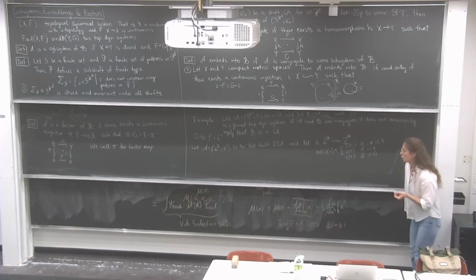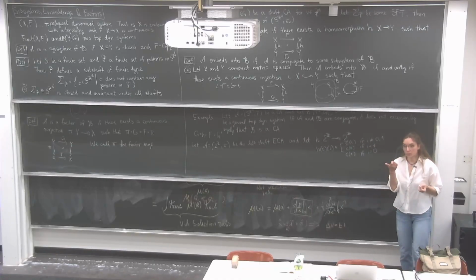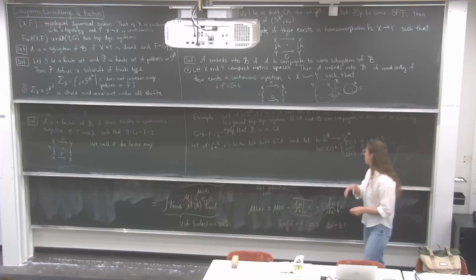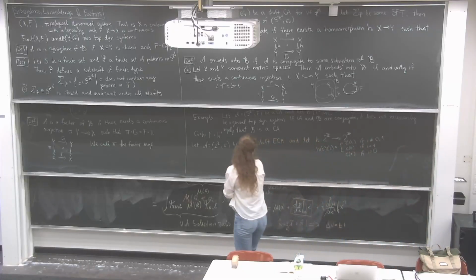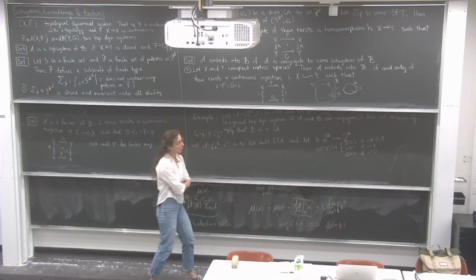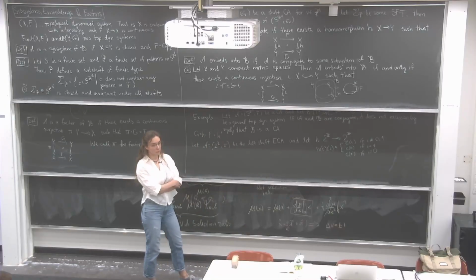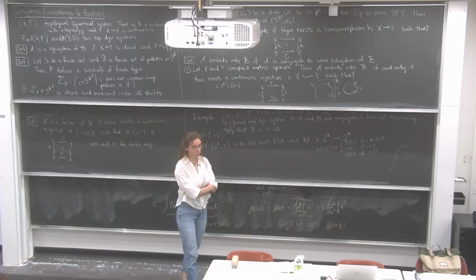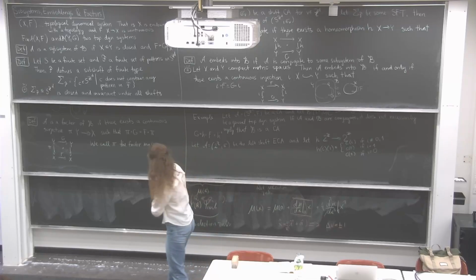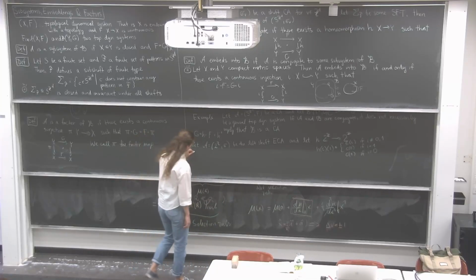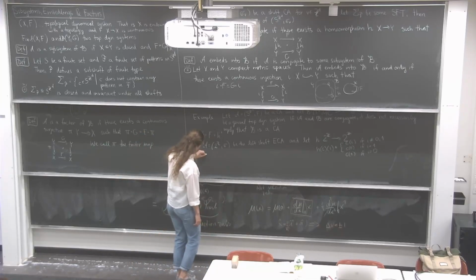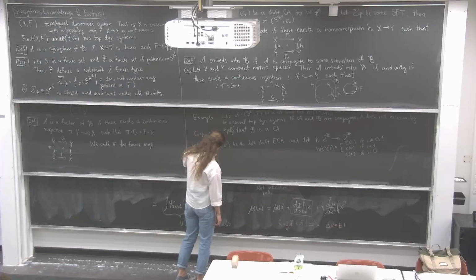So H simply just swaps the positions 0 and 1. It is easy to verify that it is a continuous bijection on a compact metric space and therefore a homeomorphism.